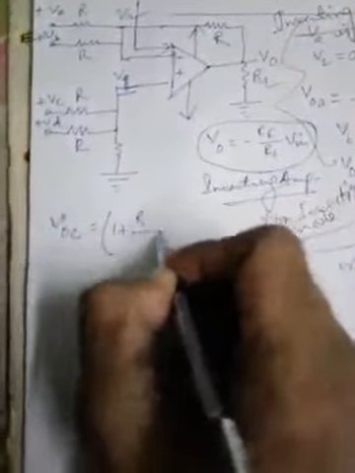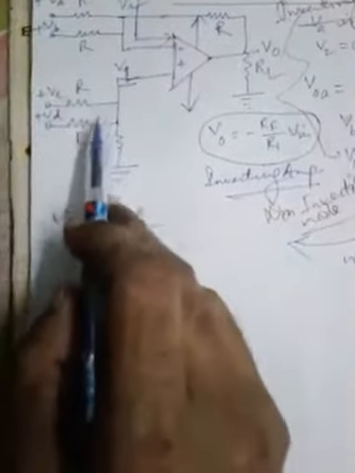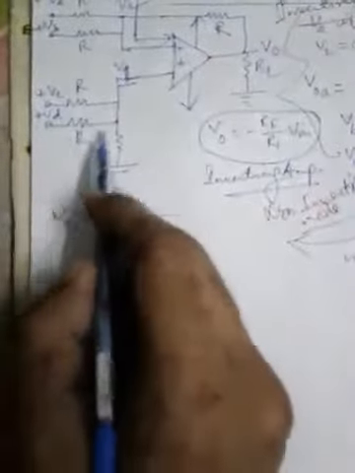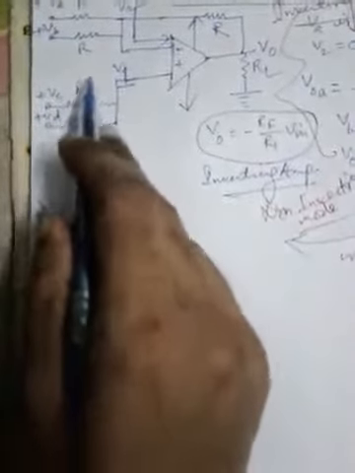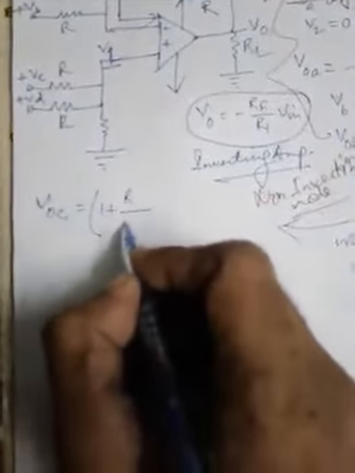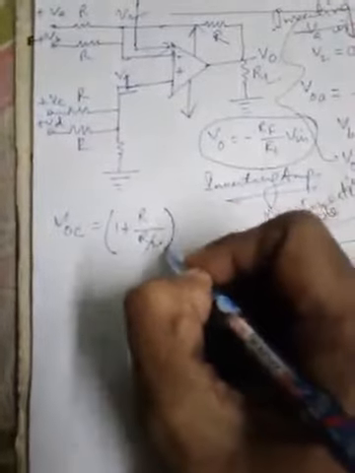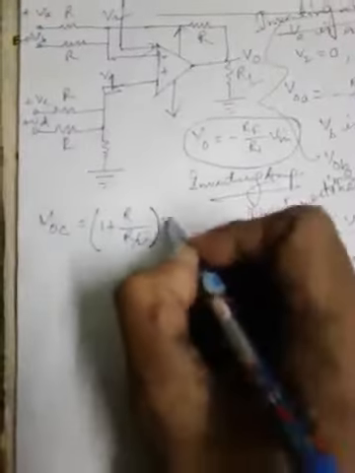R1 is the external resistance connected at the input terminal. The total external resistance equivalent to this R and R is R by 2. So 1 plus R by R by 2, into the input voltage Vin, and that is V1 here.